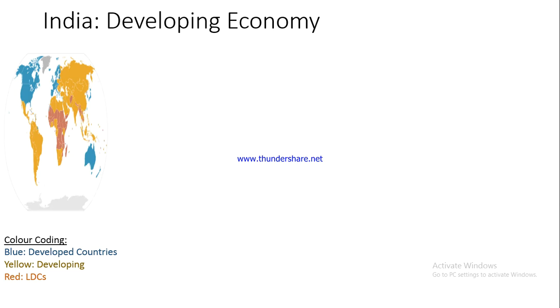If you look at it, the blue color is denoting the developed countries, and you can have a look that most of North America except for Mexico, which means USA as well as Canada, then the western part of Europe, then the eastern part of Asia, which is basically Japan, and then Australia as well as New Zealand. So these are the parts of the world which are considered to be developed. These are the developed countries in the world as of now.